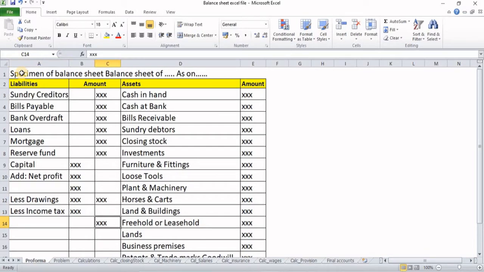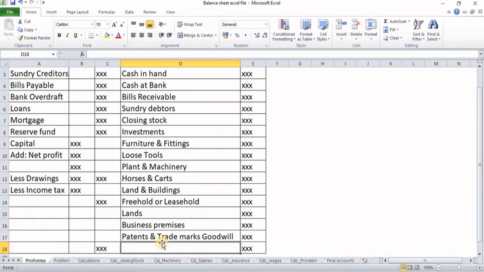On the asset side, we will mention all assets of the business like cash in hand, cash at bank, bills receivable, sundry debtors, closing stock, investments, furniture and fittings, loose tools, plant and machinery, horses and carts, land and buildings, freehold or leasehold lands, business premises, patents and trademarks, and also goodwill.